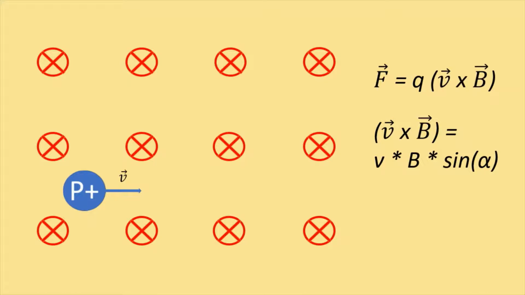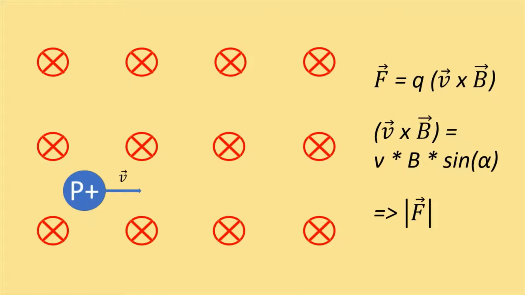But if it were some different angle, we would have to put it in the calculator, and we'd get some number that will multiply with the rest of the terms in the equation. So when we calculate all this and multiply with the charge, we'll get only the magnitude of the force.